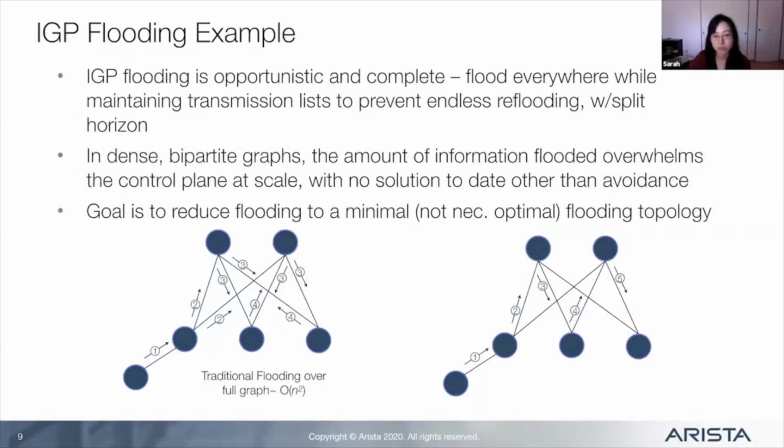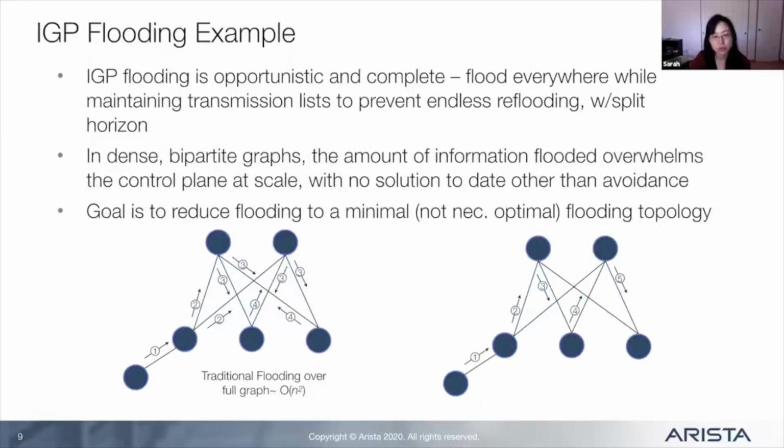Maybe one node cannot catch up, so it will lose the hello packets and drop the adjacencies. This will cause more link state updates and cause another wave of flooding. Then in a big dense network, there may be multiple nodes that are overwhelmed. In the end, this can cause a network collapse.